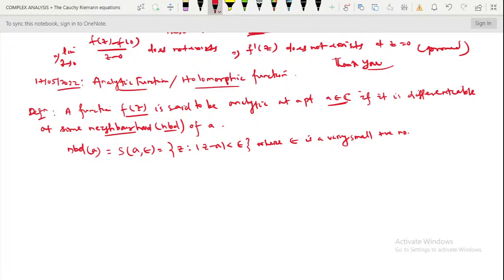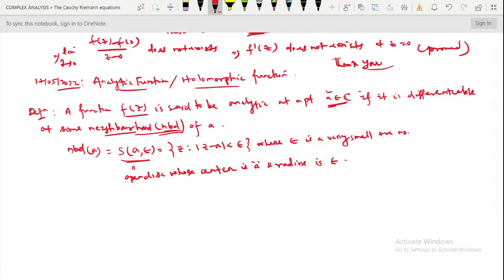So f of z is said to be analytic at a point A if it is differentiable in some neighborhood of A. That means it is differentiable in S of A comma epsilon, which is just an open disk whose center is A and radius is epsilon.